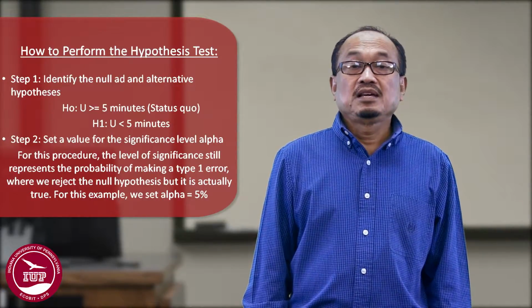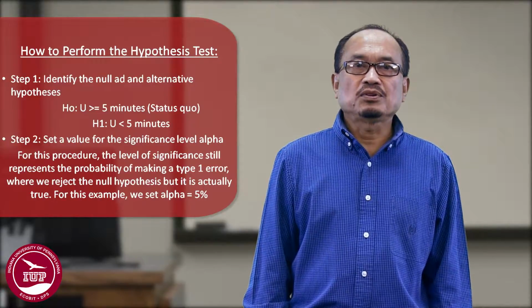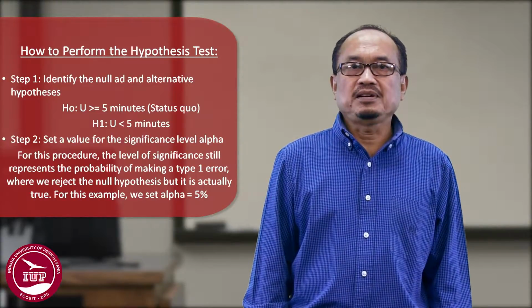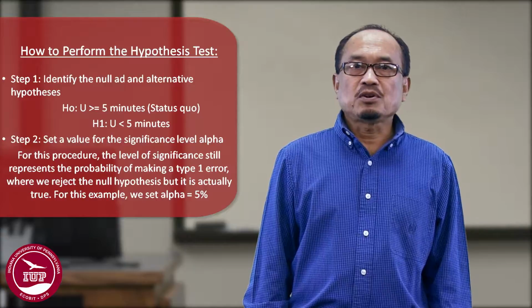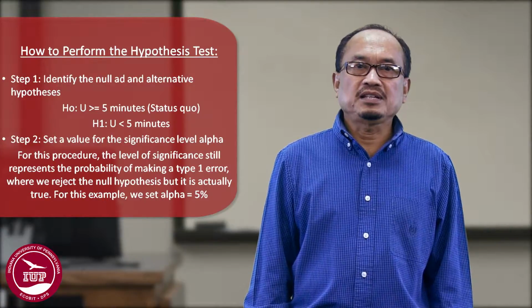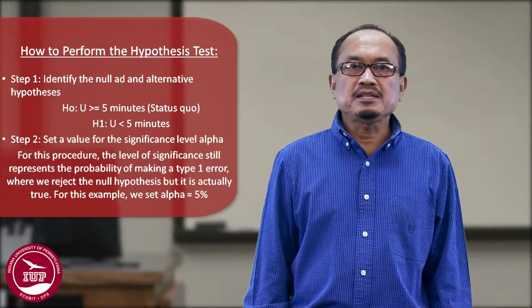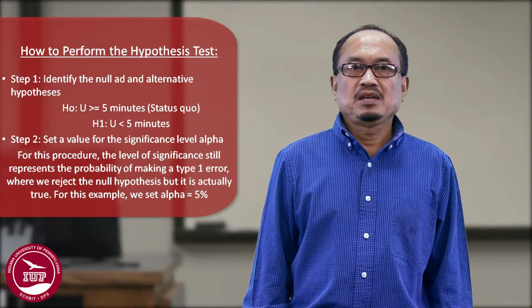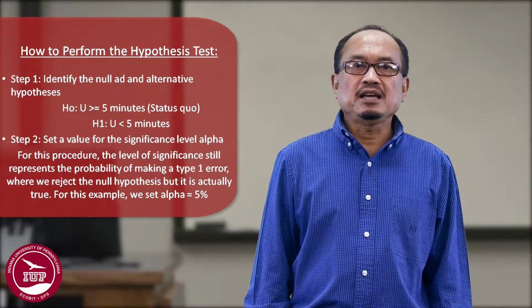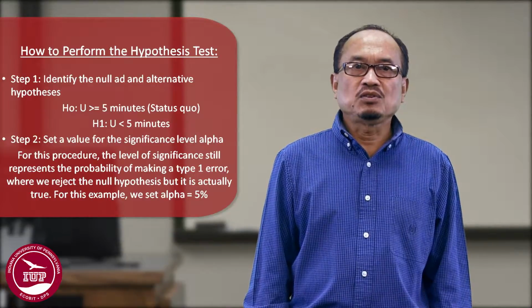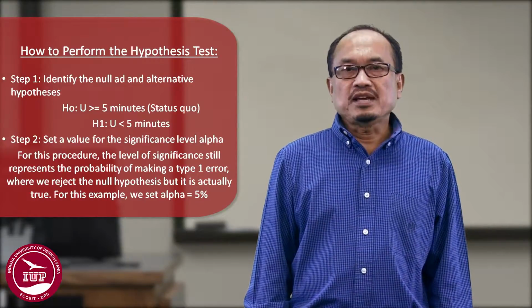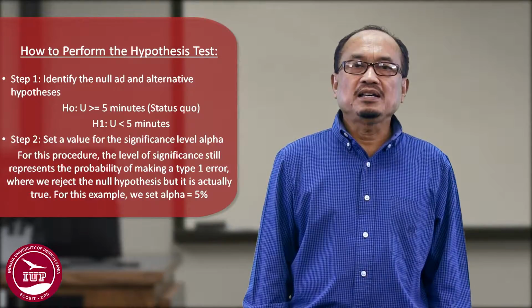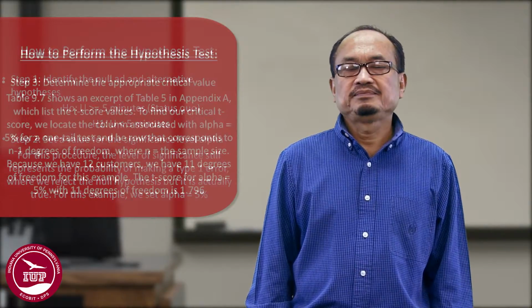Step 2. Set a value for the significance level alpha. For this procedure, the level of significance still represents the probability of making a Type 1 error, where we reject the null hypothesis but it is actually true. For this example, we set alpha equal to 5%.